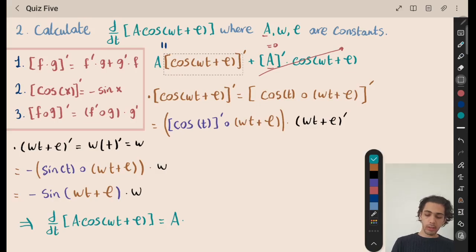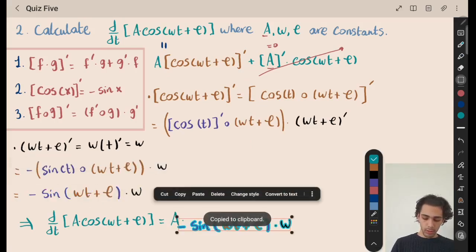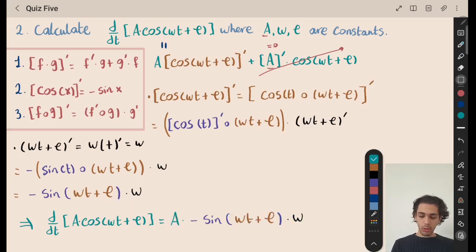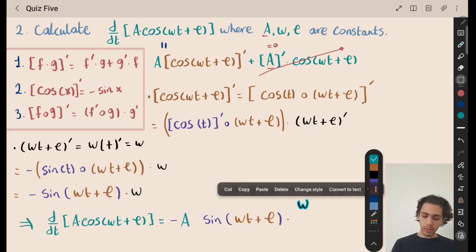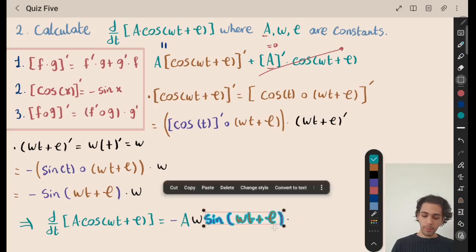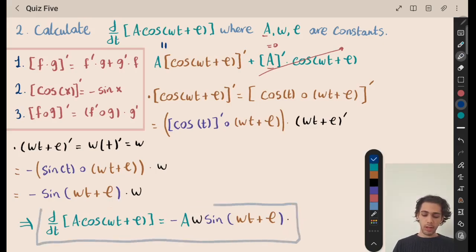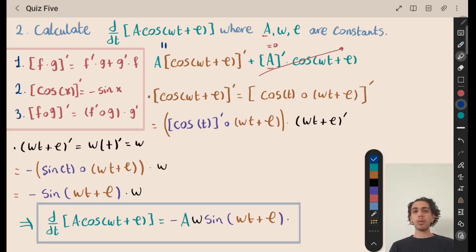As you can see here, I'll take this derivative, which is equal to that value, and multiply it by a. I'll put the minus outside, and the omega I'll also put on the left. This is the convention of putting the constants on the left, and in that case, that would be your answer for the question.